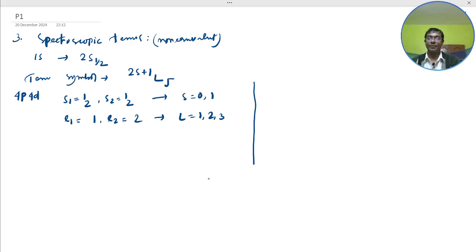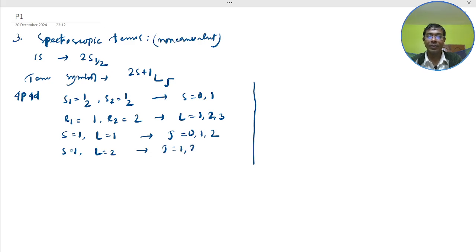Next one is S1, L1, that J is 0, 1, 2; S1, L2, J is 1, 2, 3; S1, L3, that total angular momentum is 2, 3, 4.